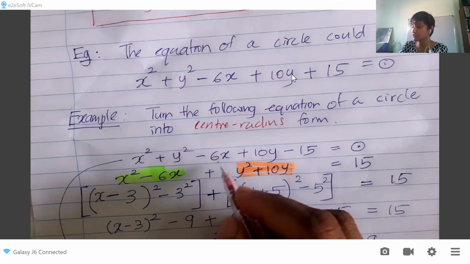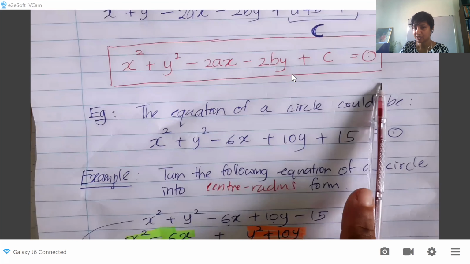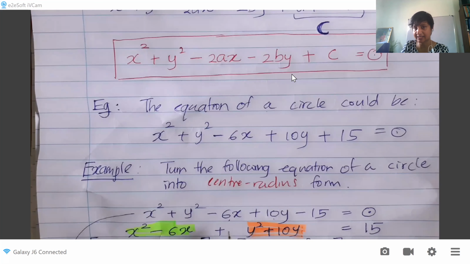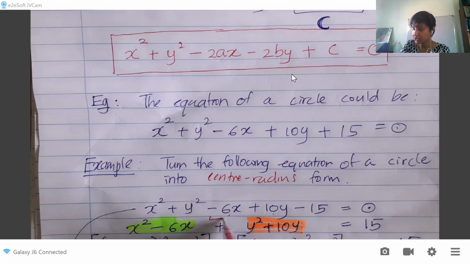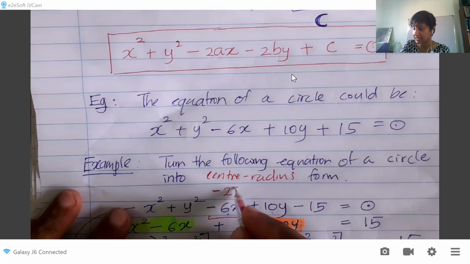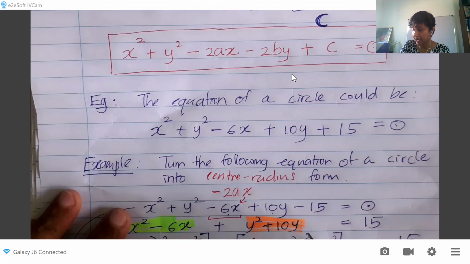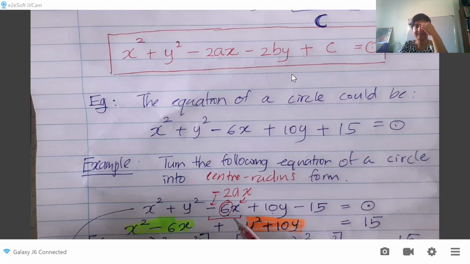If you know that your terms have this format, so this minus 6x should be minus 2ax. So x is there, minus is there. So this 6 is 2 times a. Then what is a? Remember, a is the x coordinate of the center.